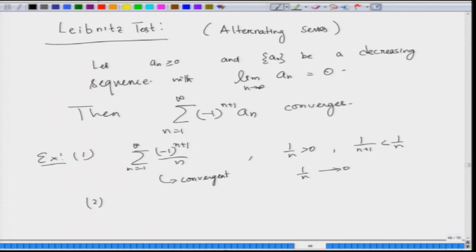If these two conditions are satisfied, then only can we say that the Leibniz test is applicable. For example, if we had been given n plus 1 by 3 n plus 4 times minus 1 to the power n, then as you can see, A n converges to 3 by 4. So, we cannot apply this test.